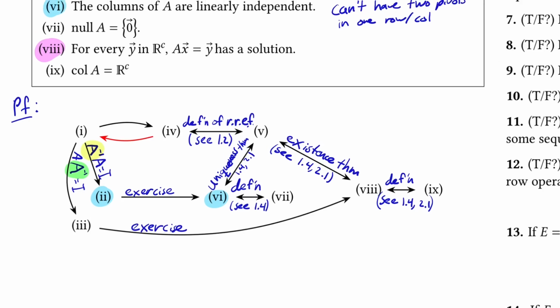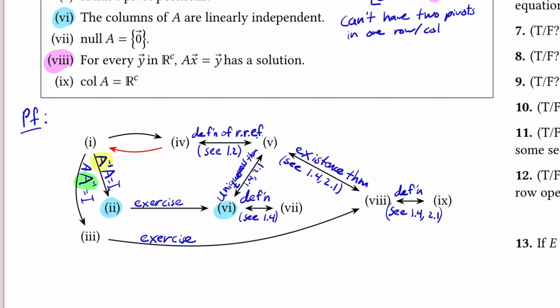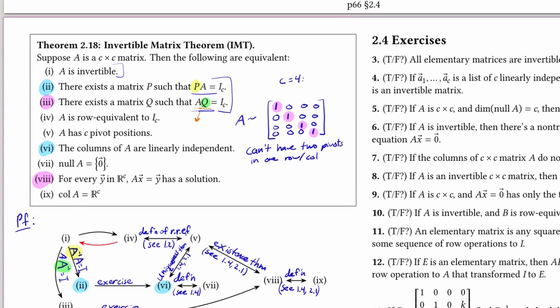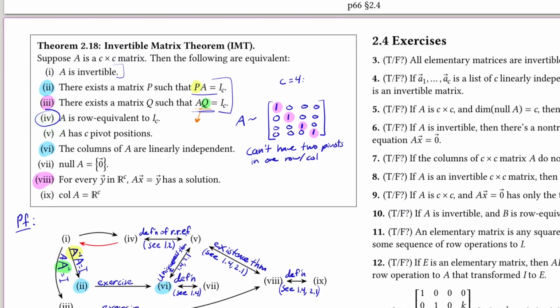All right. What we have left to do is, I think, the trickiest part, which is showing that if A is row equivalent to the identity, then that means that A is invertible. Oh, but wait, we haven't done the if A is invertible, then A is row equivalent to the identity yet.